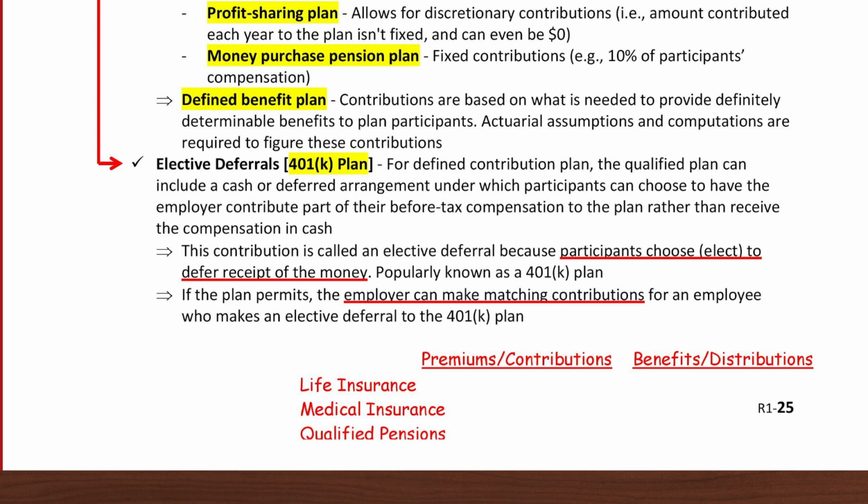Now, we know that premiums or contributions by the employer for the employee's life insurance or medical insurance or qualified pensions, all of that, put a bracket and write non-taxable. Now, let's talk about benefits or distributions. Life insurance proceeds or benefits received by the beneficiary on someone's death is non-taxable to the recipient.